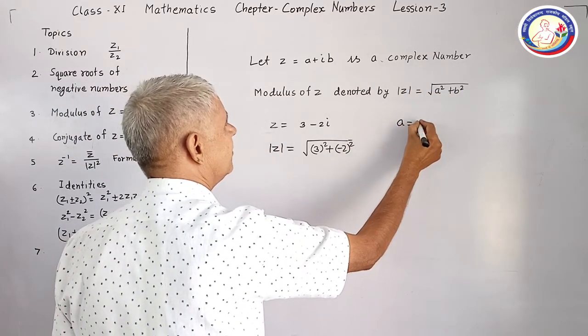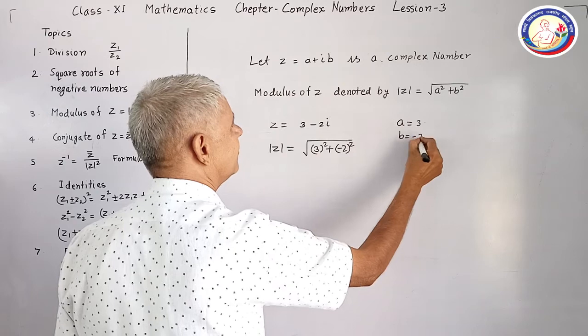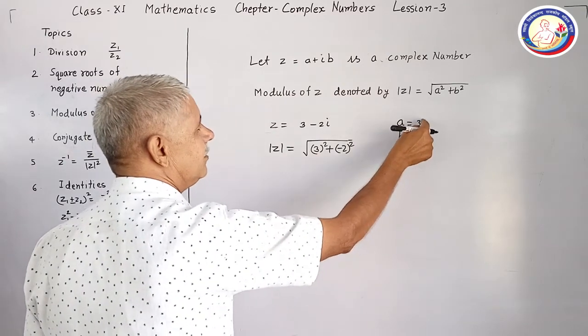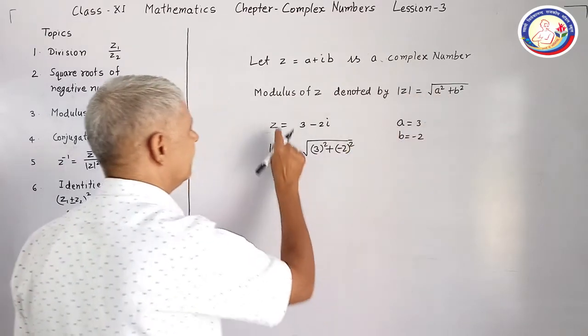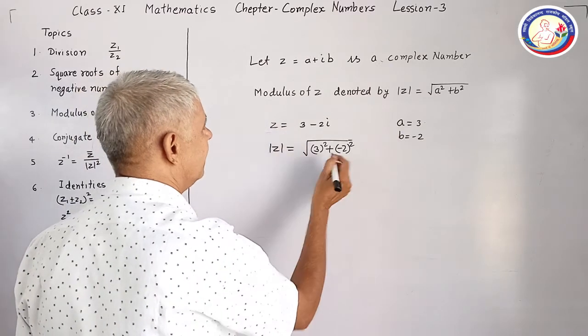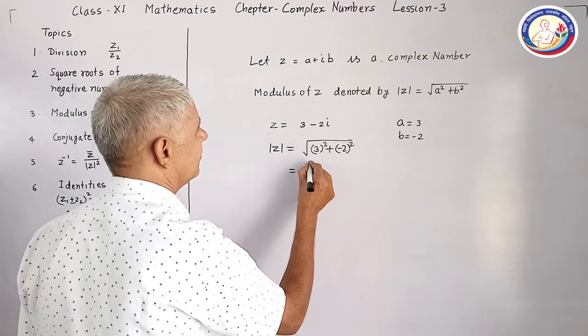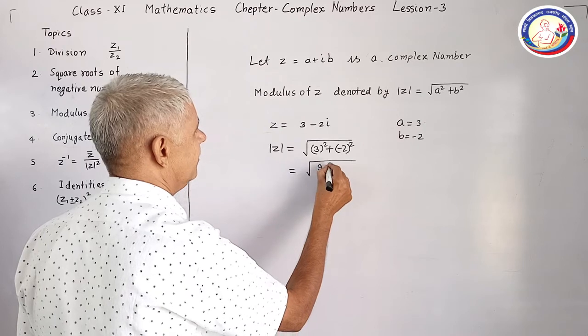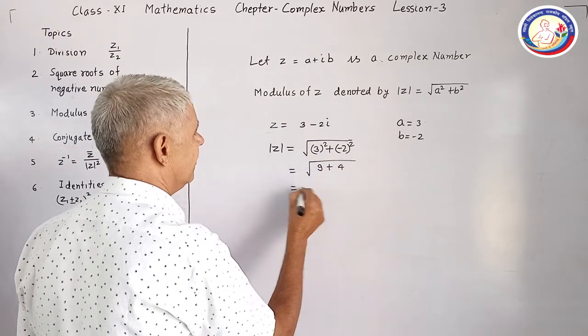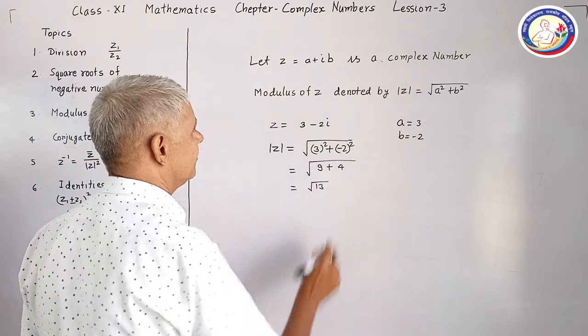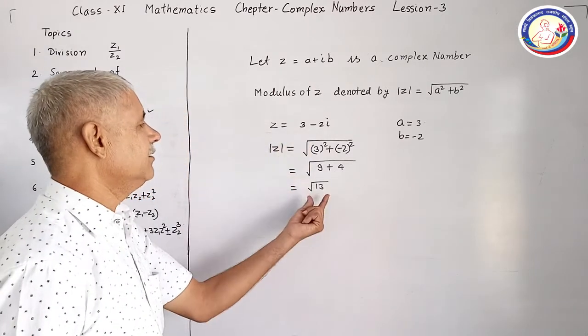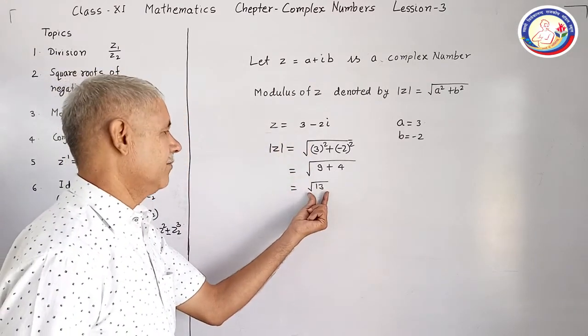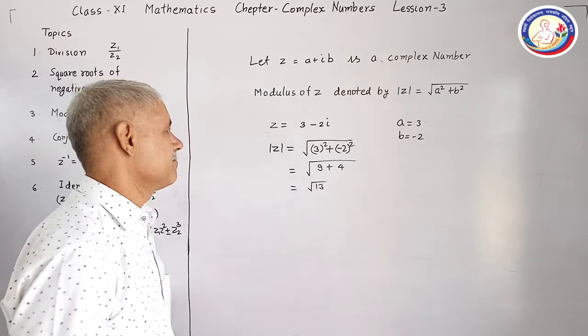Here a equal to 3 and b equal to minus 2. If we substitute these values in this formula, it is 9 plus 4, that is square root of 13. So the modulus of this complex number is square root of 13. We take here only the positive sign.